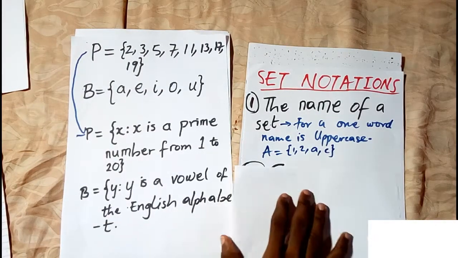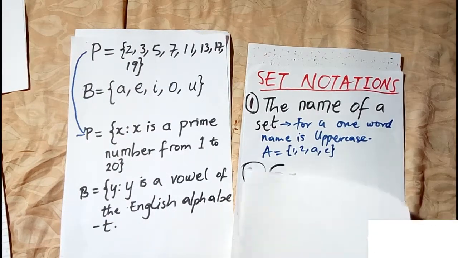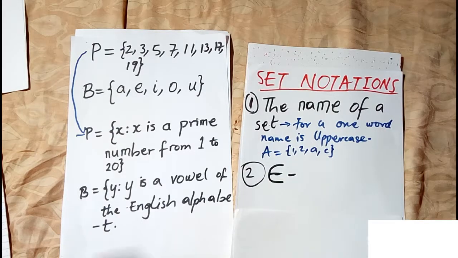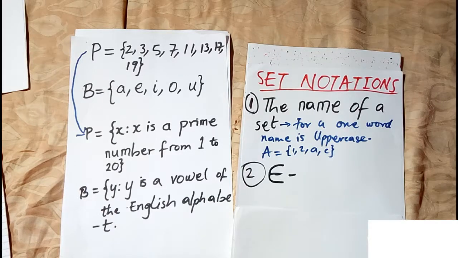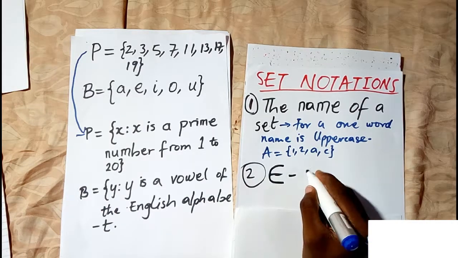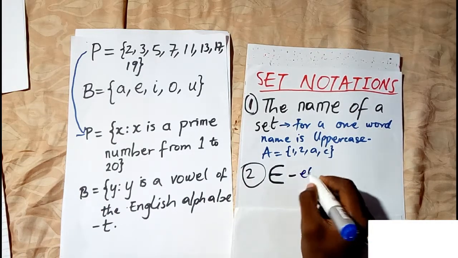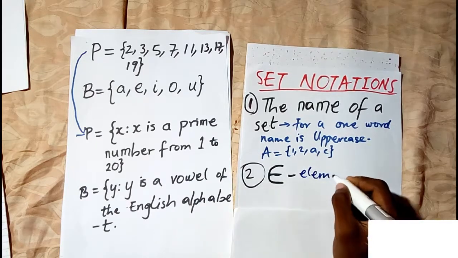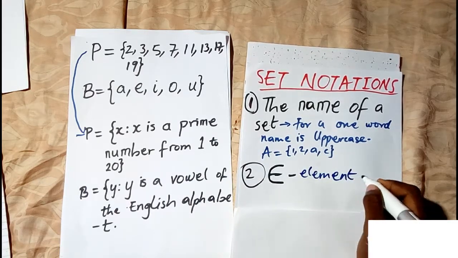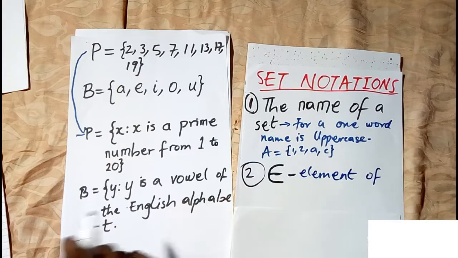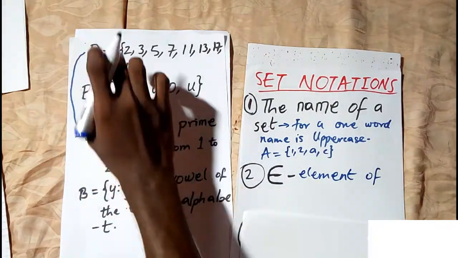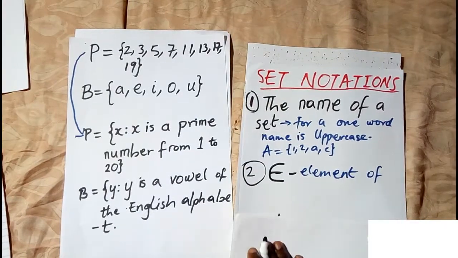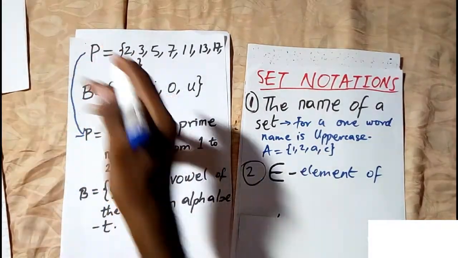Now the next set notation we have here is the Greek symbol. I don't know the name of this symbol, but in sets it means element of, and it is read as element of. From here we have 2 is a member of. We'll be calling it member.